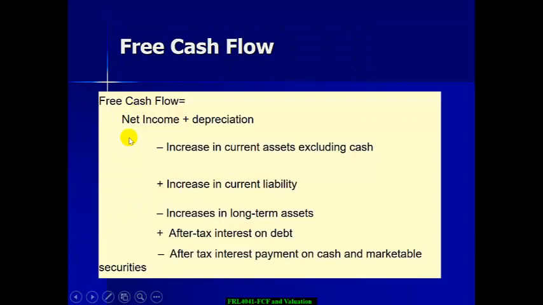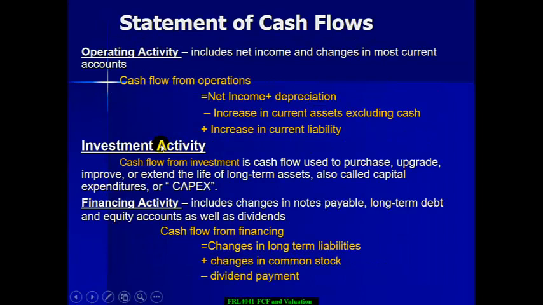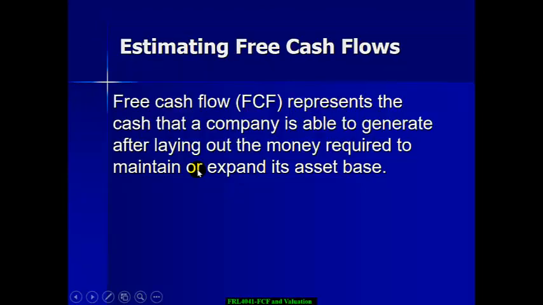Okay. So this is a breakdown, and this free cash flow calculation actually borrows two main components from when we prepare the statement of cash flow. The cash flow from operations and the cash flow from investment, we use exactly the same two cash flow calculations first.